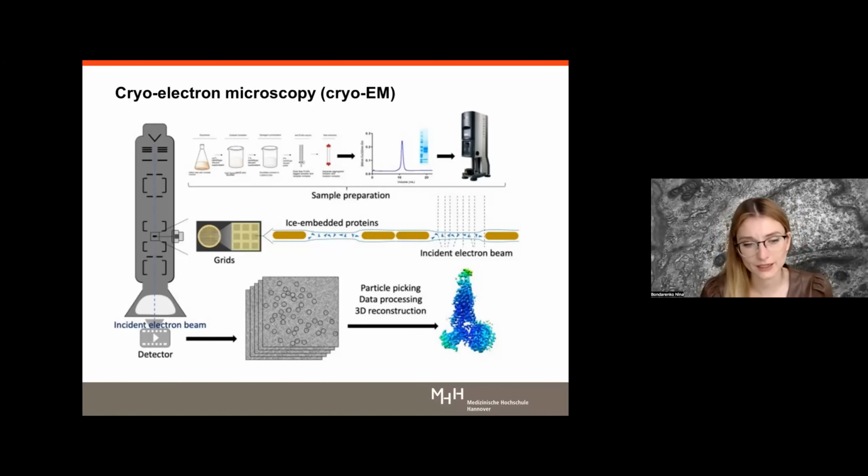What I have to say is that for this method, we have to use a cryo camera for the analysis, and our specimen must also be frozen in liquid nitrogen.